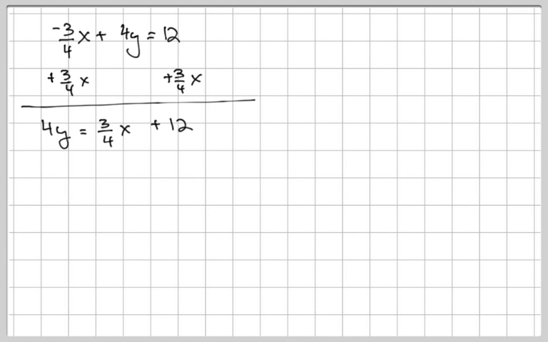Ooh, fraction action. Now what? How do you get y by itself? Maybe I should use a red color now. We're dividing by 4. Everybody agrees? So that gives you y, and over here 12 over 4 is definitely 3. But what about 3/4 divided by 4? What is that?